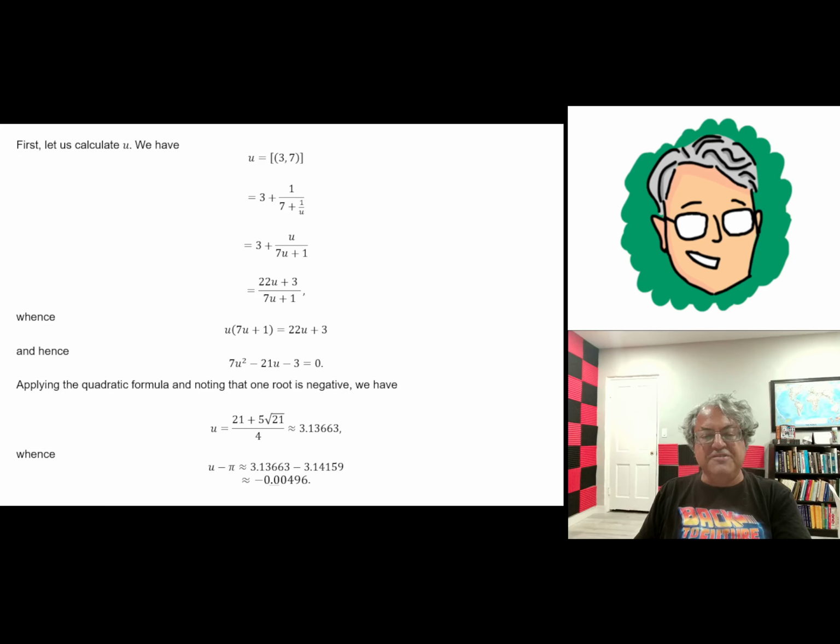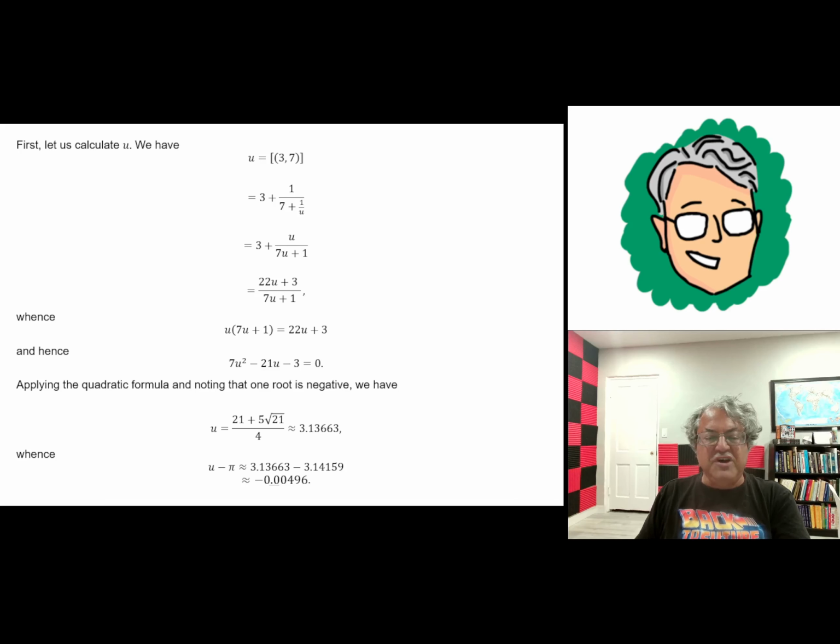And we can write that as a single fraction, an improper fraction, I guess: 22u plus 3 over 7u plus 1. So we have u equals 22u plus 3 over 7u plus 1. Next, we just multiply both sides by 7u plus 1. We get u times 7u plus 1 equals 22u plus 3.